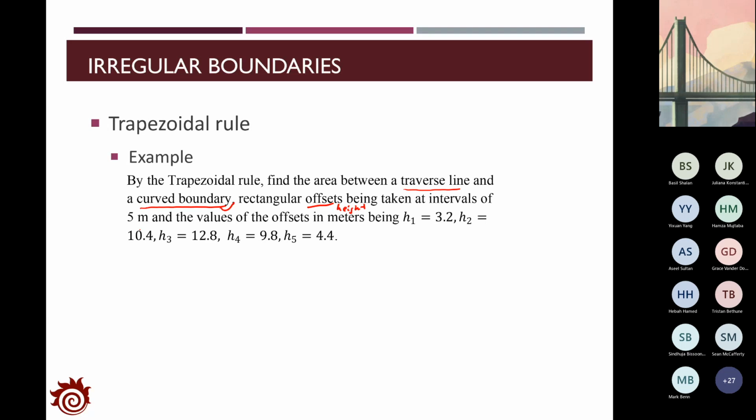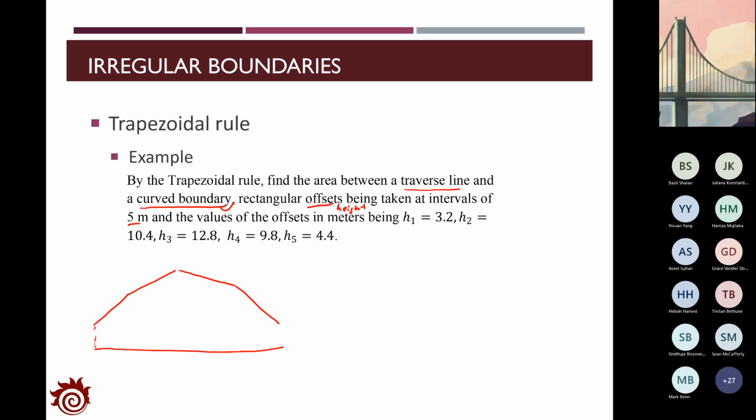The interval is set at every 5 meters, and we know the offsets, h1, h2, h3, h4, and h5. So we can then draw the graph to represent the boundary, and we have the traverse line.